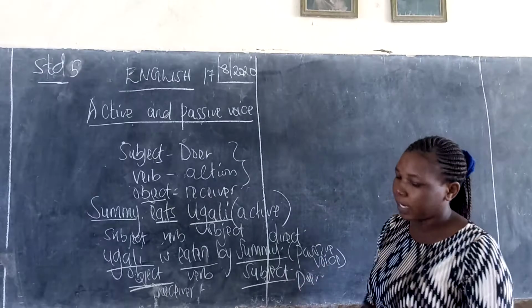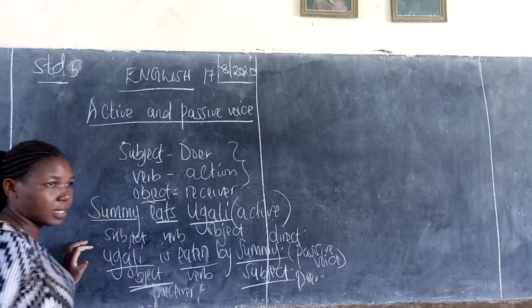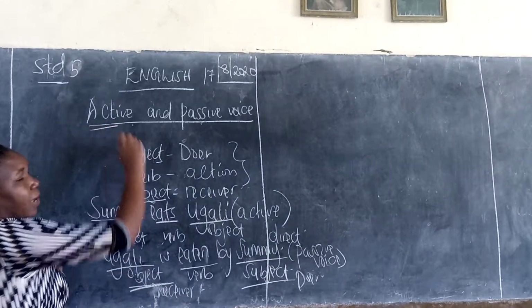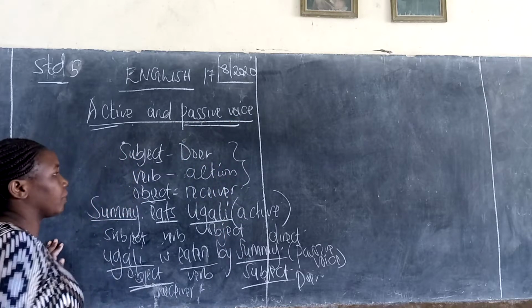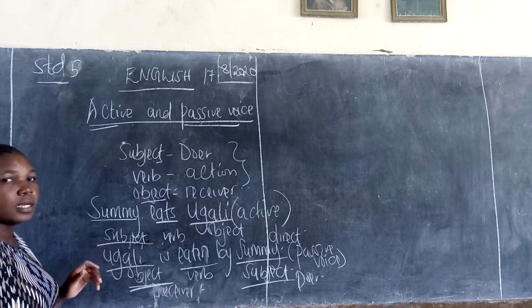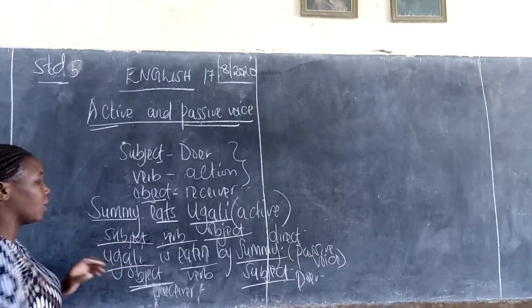I say and I repeat: we have two types of sentences. One is active and the other is passive. Active is where I start my sentence with the subject, then verb, then object. This one we did last week.